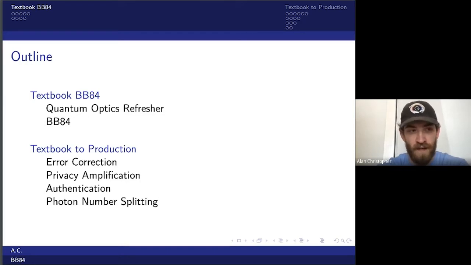Once we've got the gist of the scheme under our belts, I'll go through a couple of different things you need to take care of in order to turn textbook BB84 into something you might be able to run in production, actually protecting traffic.